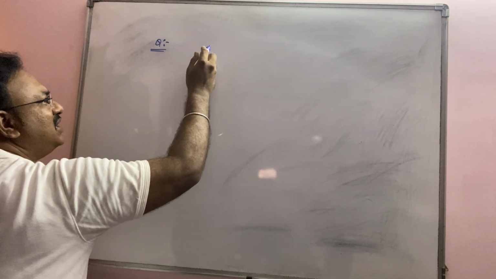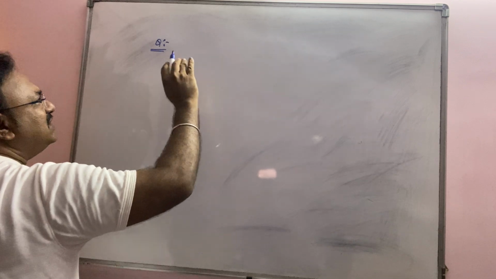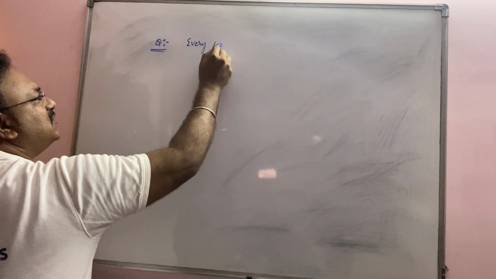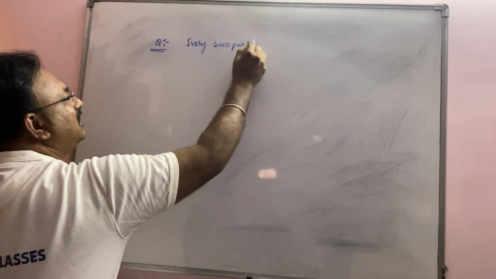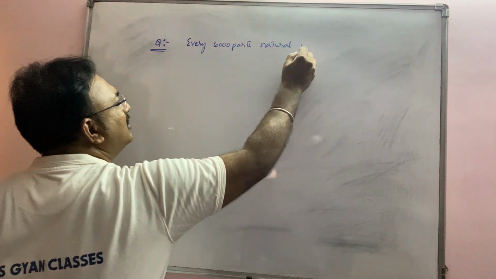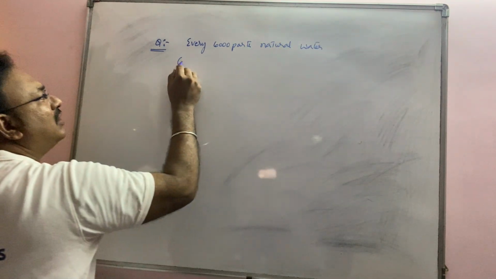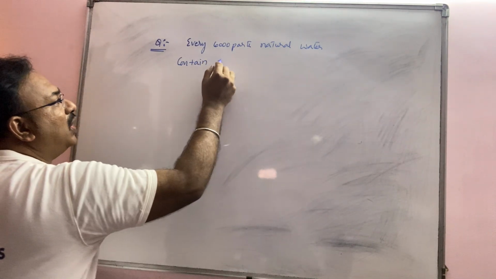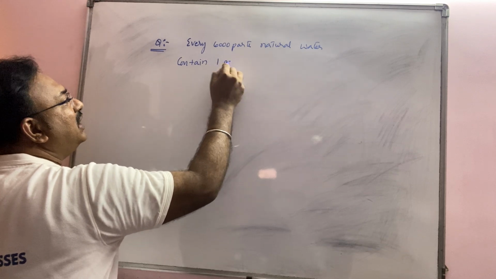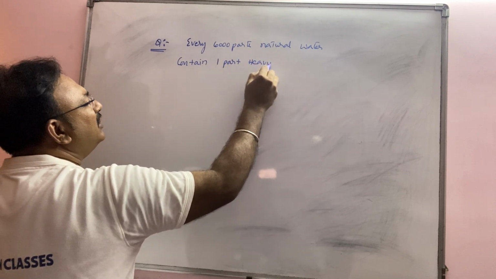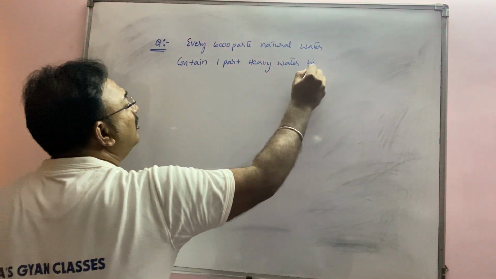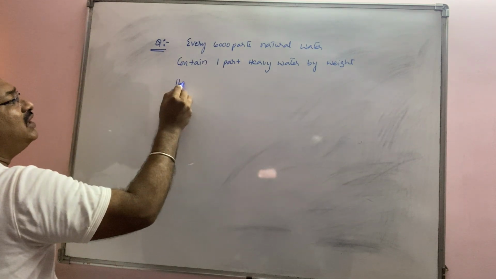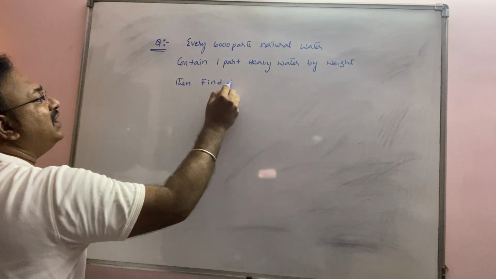Right. Now, I want to give a simple logical question here. Every 6,000 parts of natural water contain one part heavy water by weight.